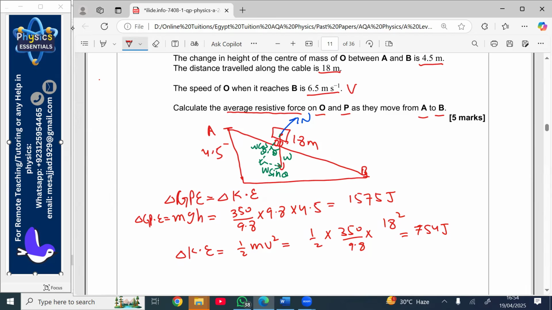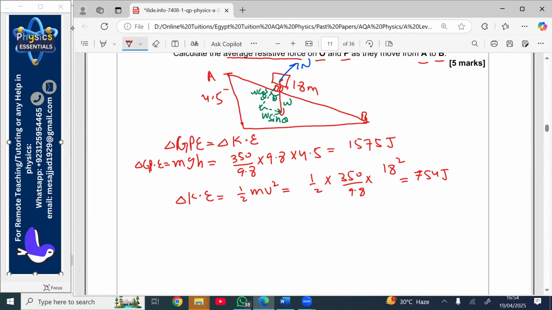Now you see, out of 1575, which was the total energy lost, how much was used in moving the body from A to B? That is kinetic energy. So how much is lost in friction? Of course, lost in friction. You understand my point? From A to B, you lost gravitational potential energy of 1575 joules.